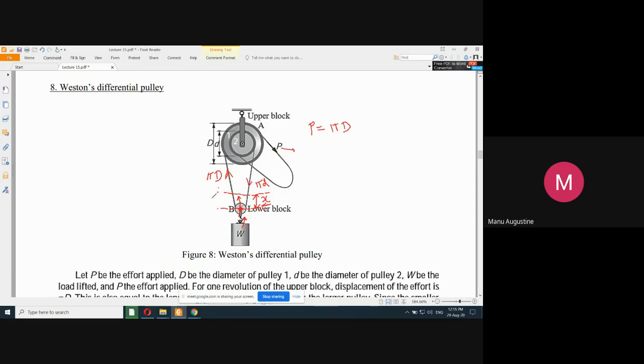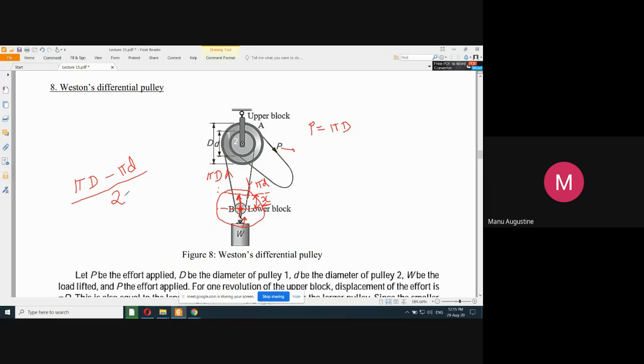Now again, applying the logic of a movable pulley, I can say that if pi D is being taken away from this pulley and pi small d is given back to the smaller pulley from here, then the difference of these two divided by 2 will be the eventual travel of the center of this movable pulley in the upward direction.